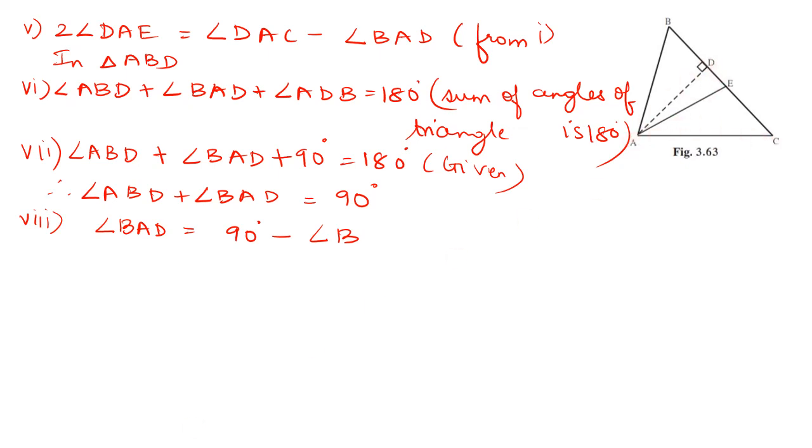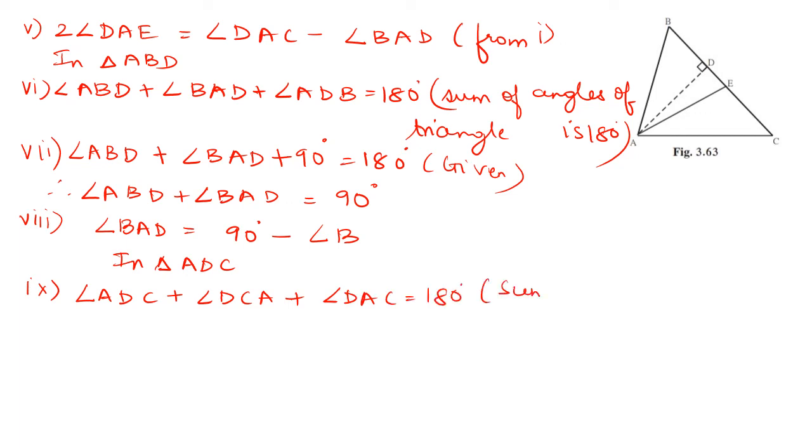Correct? So now in triangle ADC, angle ADC plus angle DCA plus angle DAC is equal to 180 degree. Again the same reason, sum of angles of a triangle is 180 degree. So in this case you can see your ADC is 90 degree.